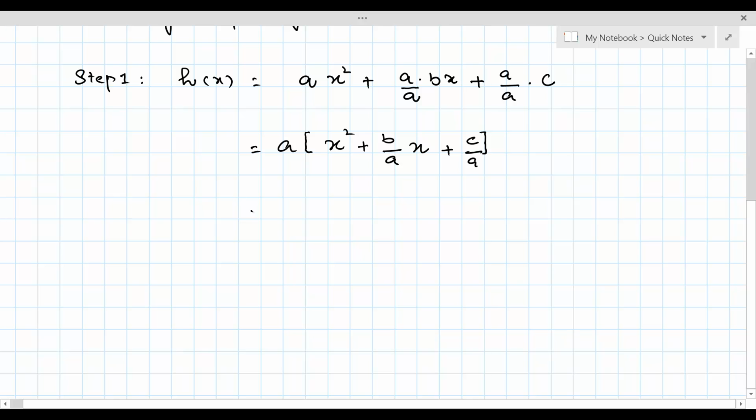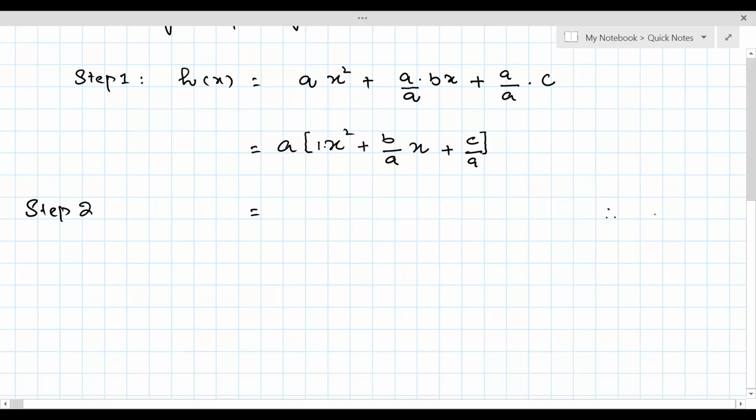And once we have the coefficient of x square equal to 1 inside the bracket, then step number 2. Step 2 is that in rough area, we write down the coefficient of x.